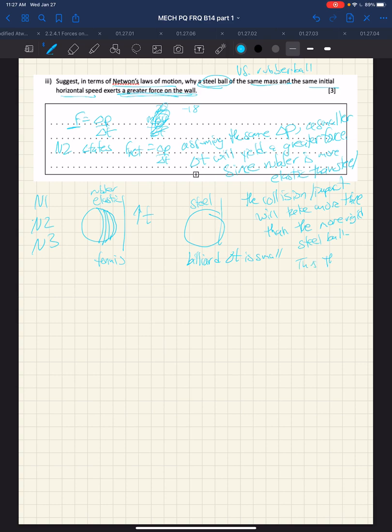Thus, the steel ball will spend less time in the collision with the same delta P, producing a greater force.